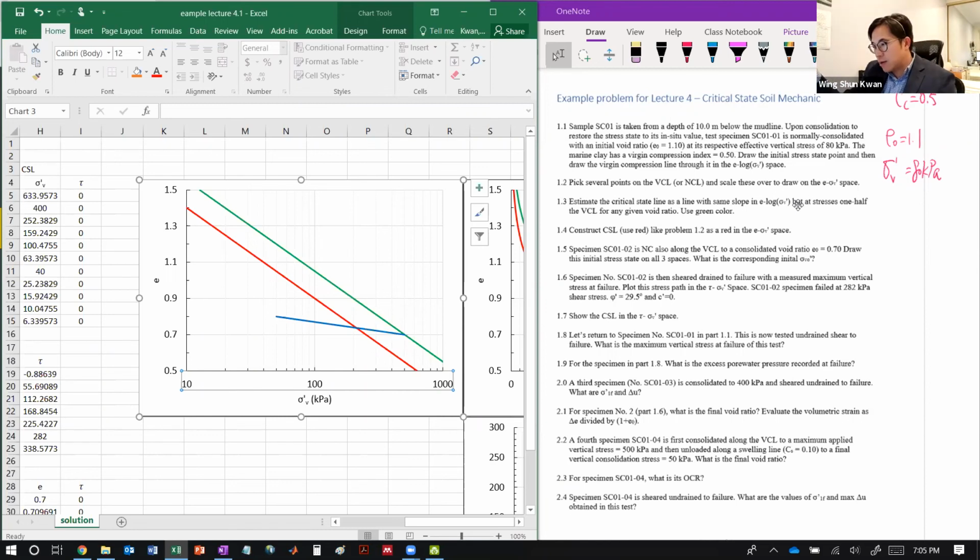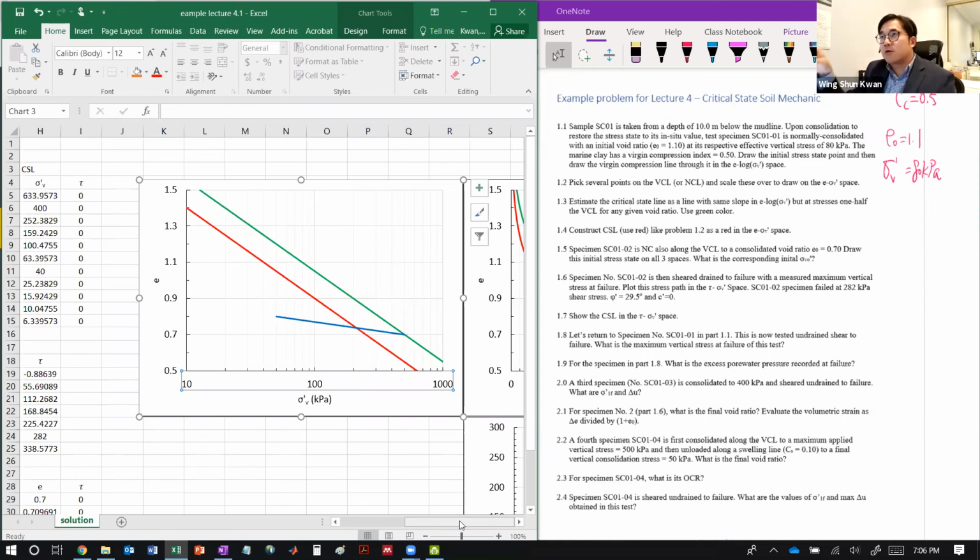But here, to help you, it tells you the stress is half of the virgin compression line. This is because it's the very first example problem, so I try to make your life easy. In the real world it's not necessarily half. It depends on soil type. It could be 0.4, 0.6, or 0.55.